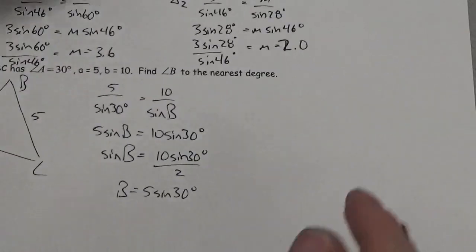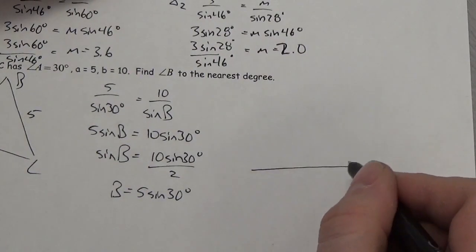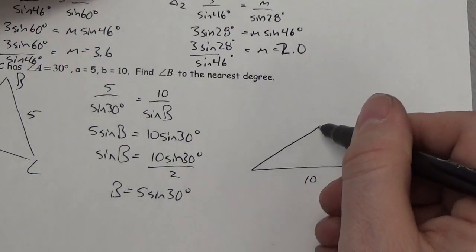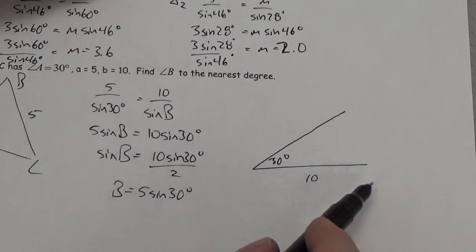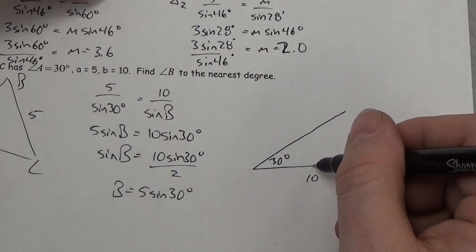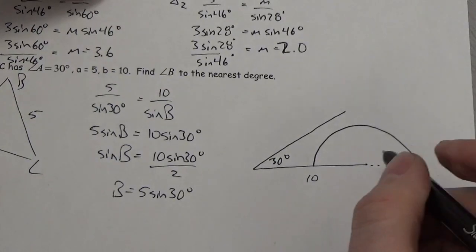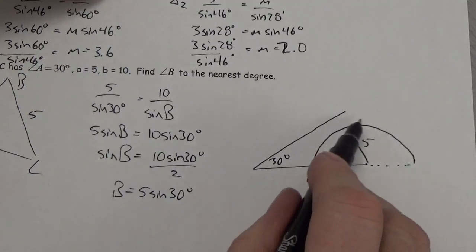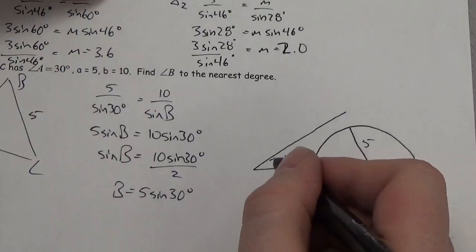You know what's going on here? Let me draw this again just to give you an idea. Here's my side here, and it's a length of 10, and then I've got this angle here of 30 degrees. The opposite side here is supposed to be 5, but if I draw a semicircle here where the radius is 5, it turns out nowhere do I ever come in contact with this particular side because of that angle of 30 degrees.